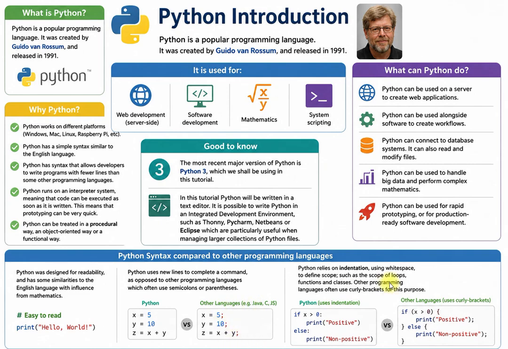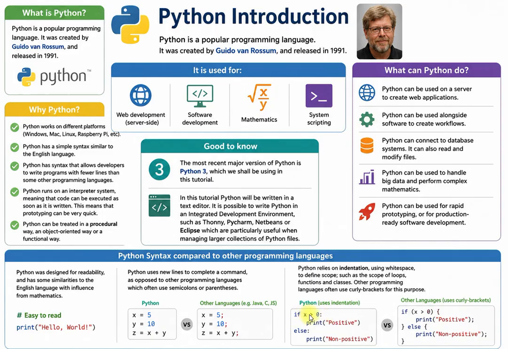And Python relies on indentation, using whitespace to define scope, such as the scope of loops, functions, and classes. Other programming languages often use curly brackets for this purpose. Curly brackets are used there, but in Python we use indentation.